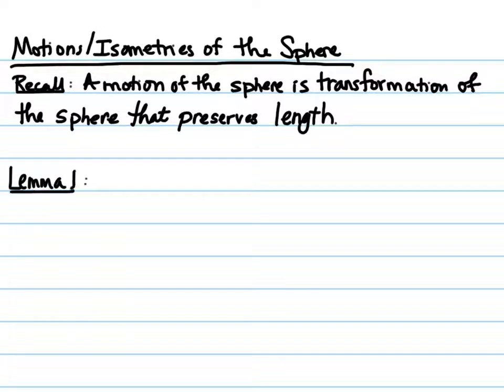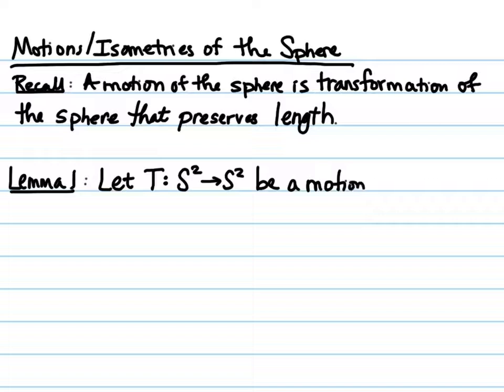Lemma 1 says the following. Let T be a transformation from the sphere to itself. So let it be a motion, specifically, a motion of the sphere.